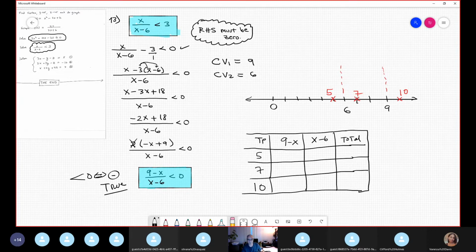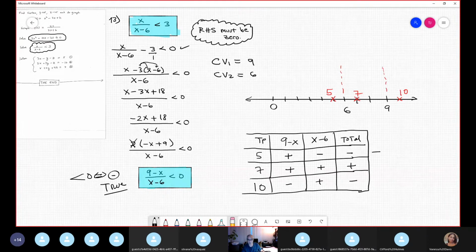So for 5, 9 minus 5 is positive. 5 minus 6 is negative. Together is negative. For 7, 9 minus 7 is positive, 7 minus 6 is positive, and positive and positive is positive. And for 10, 9 minus 10 is negative, and 10 minus 6 is positive. So together is negative.